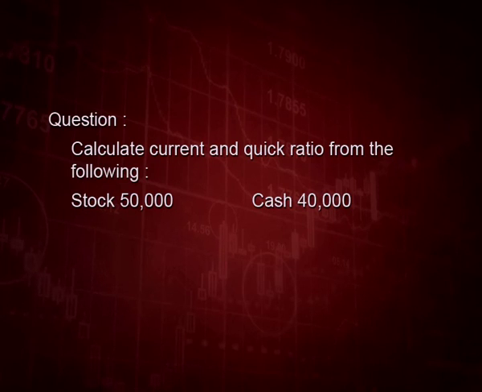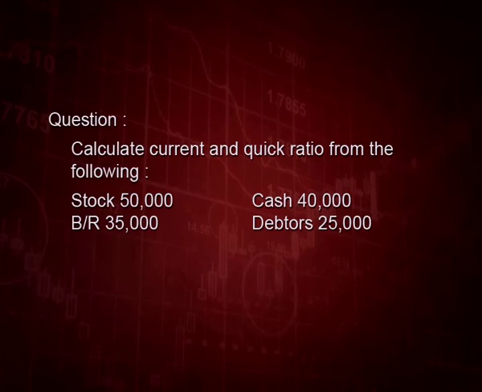Let us start with the question: calculate current and quick ratio from the following: stock 50,000, cash 40,000, bill receivable 35,000 and debtors 25,000. Now, all these are current assets and creditors 40,000 and bill payable 10,000 are current liability. So, let us total them.